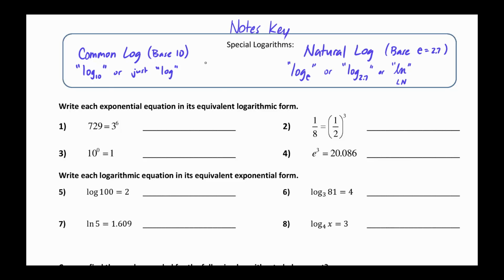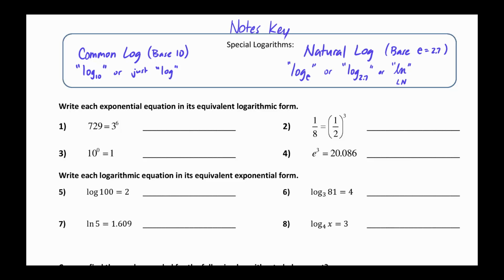It's just extra work. The second type of logarithm is called the natural logarithm. Its base is e, which is just a number, 2.7. You could write it as log base e. People don't usually do that. You could write it as log of base 2.7. People usually do not do that either. People usually will use ln, which means log natural log.